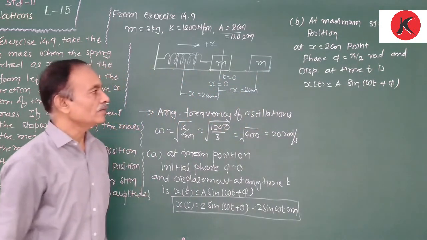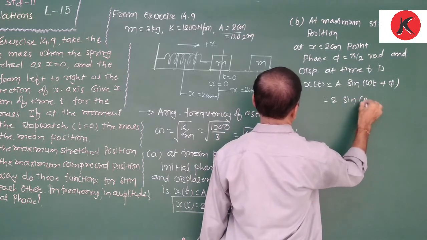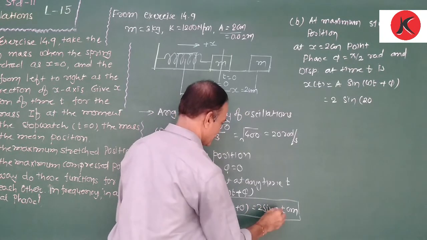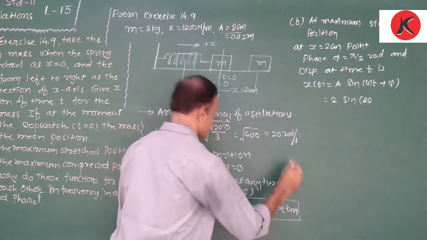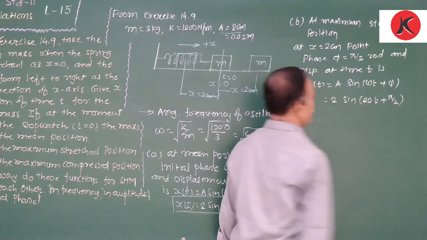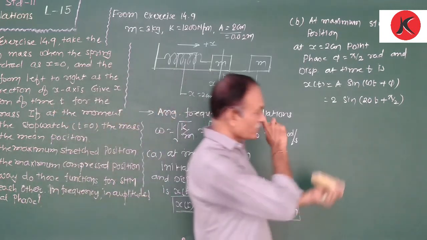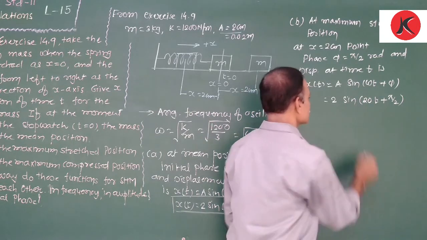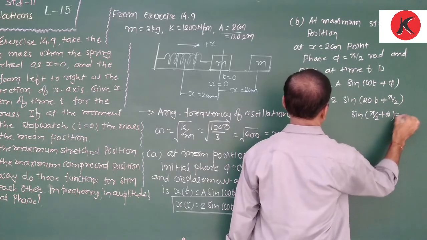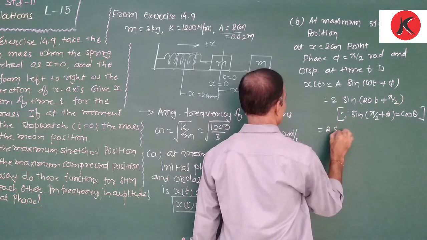Substitute the value: a is equal to 2 centimeter, sine omega t, omega is 20, so 20t plus phi, pi by 2. Now we know that sine of pi by 2 plus theta, in the second quadrant sine is positive, so sine of pi by 2 plus theta is equal to cos theta. Using this concept, we can write 2 sine.